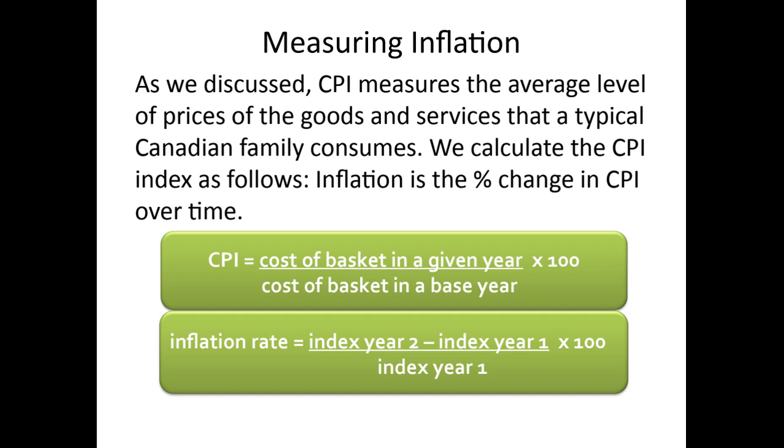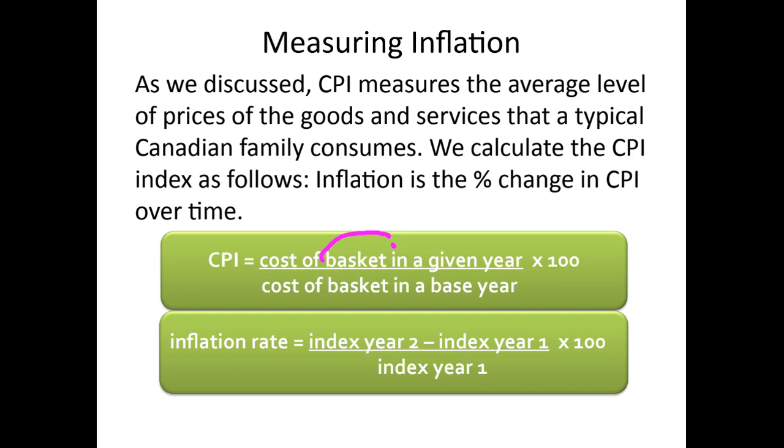So how do we calculate consumer price index? This is how we calculate. First we calculate the cost of the basket, and this basket is a fixed basket of consumer goods and services in a given year, divided by the cost of the basket in a base year, times 100.